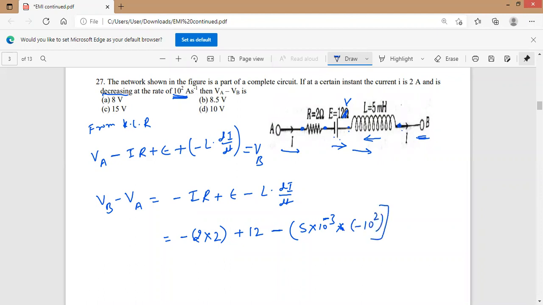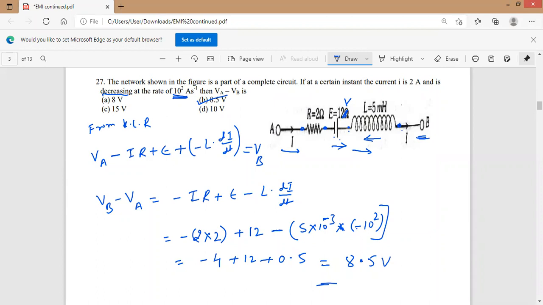Why minus? Increasing is a plus, decreasing is a minus. Then we get minus 4 plus 12, minus into minus is plus. So 10 power 2 minus 3 is 10 power minus 1, minus 1 into 5 is 0.5. Then we get 12.5 minus 4 is 8.5 volt. So option B is the correct answer.